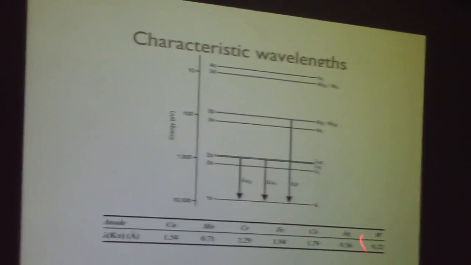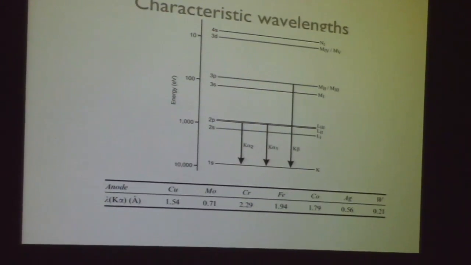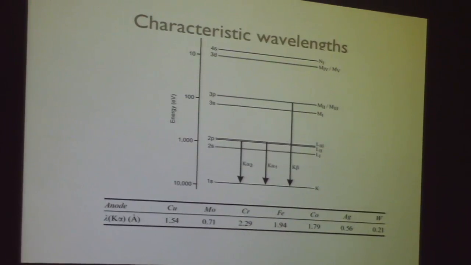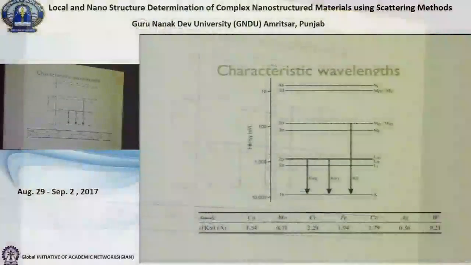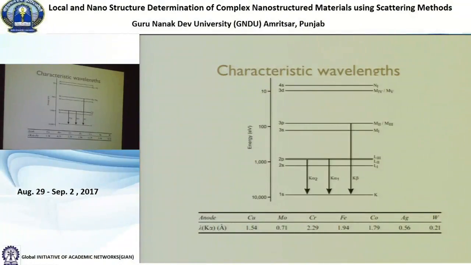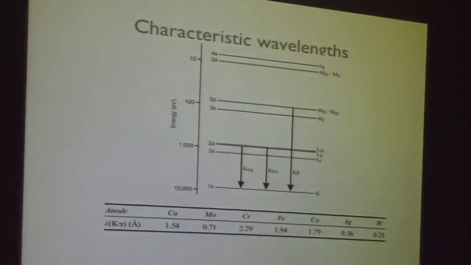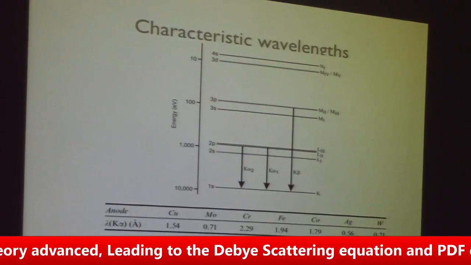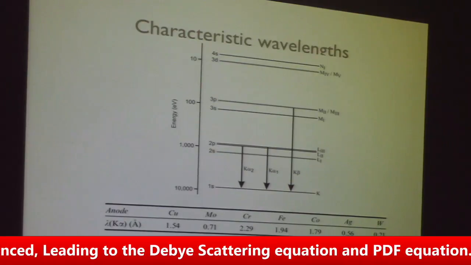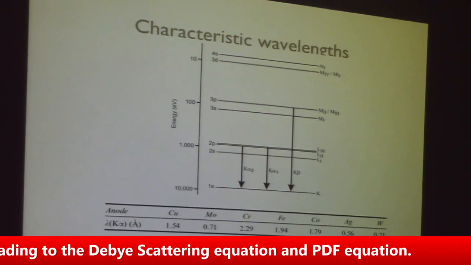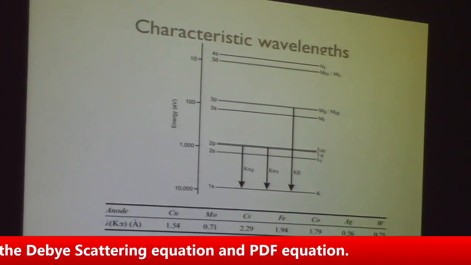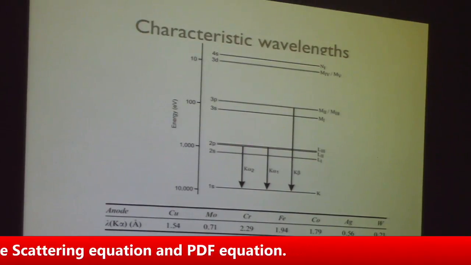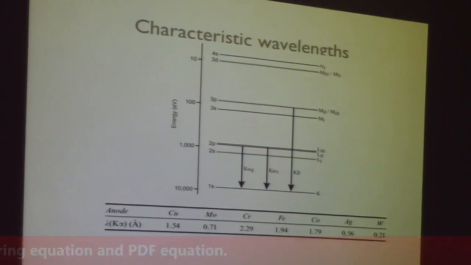The answer for tungsten is that it's extremely hard to accelerate the electrons to a high enough energy to excite the tungsten K-edge. And when you do, the number of X-rays that come out is basically proportional to delta E, the difference in energy between the accelerating voltage and the excitation voltage, to the power of 2.3 or something like that.